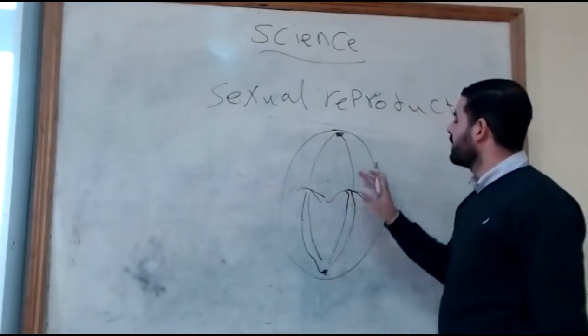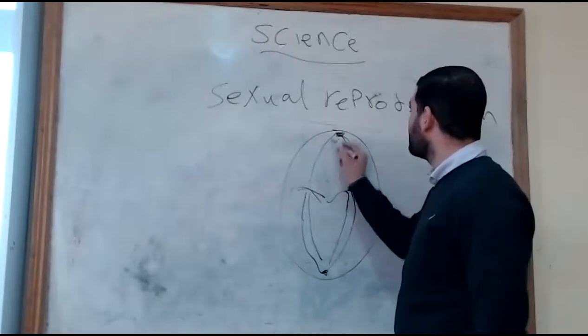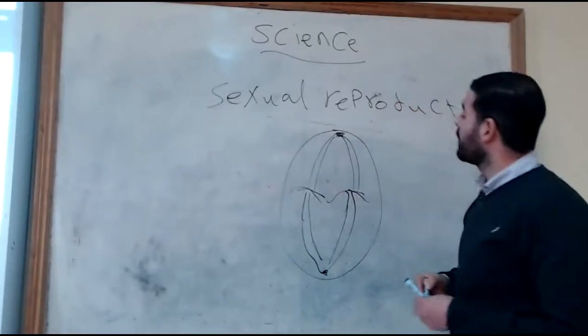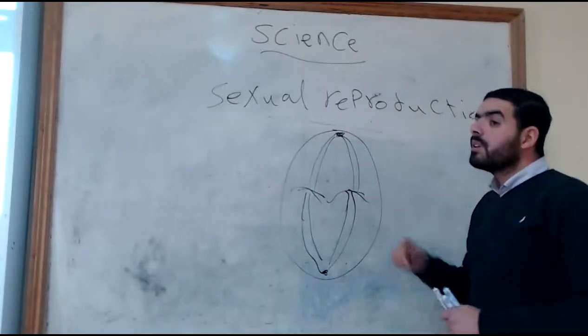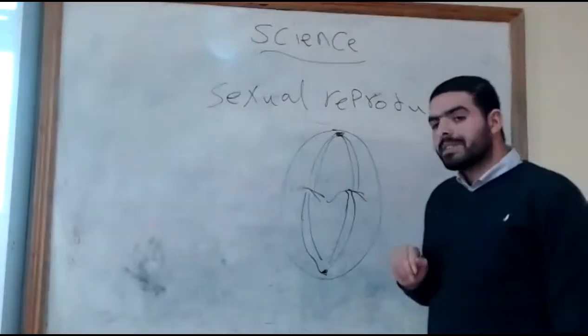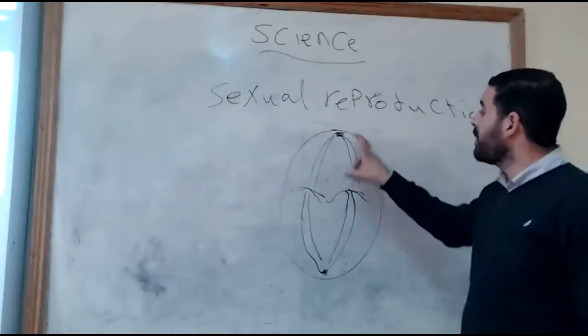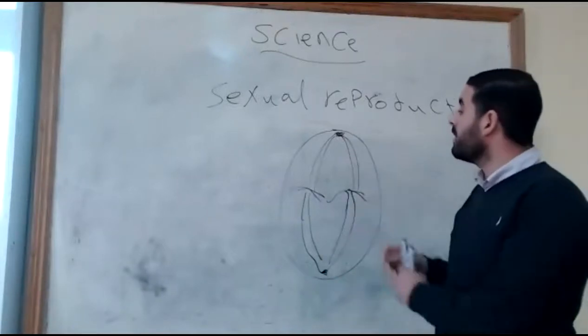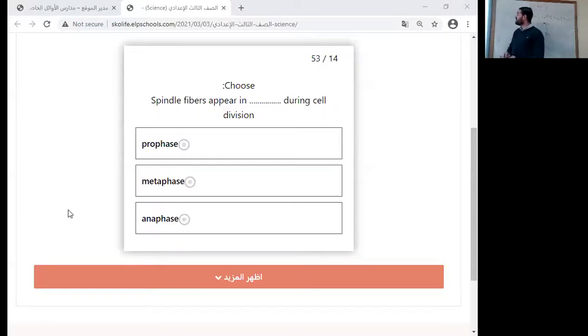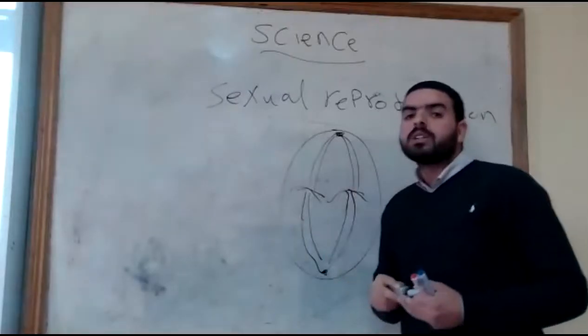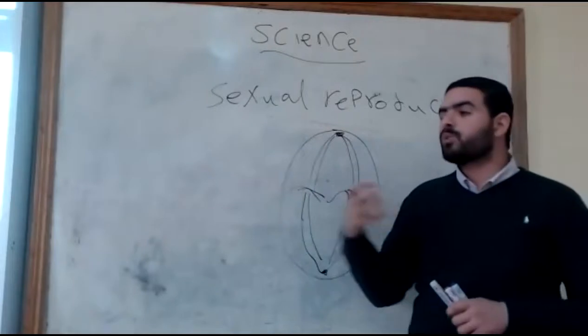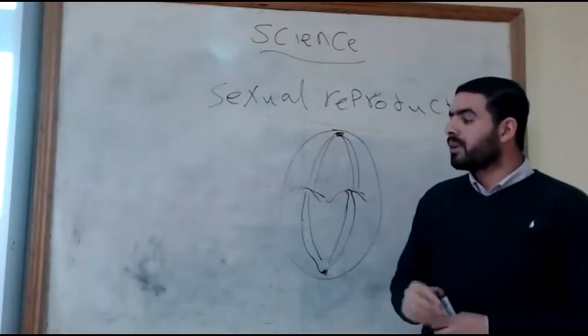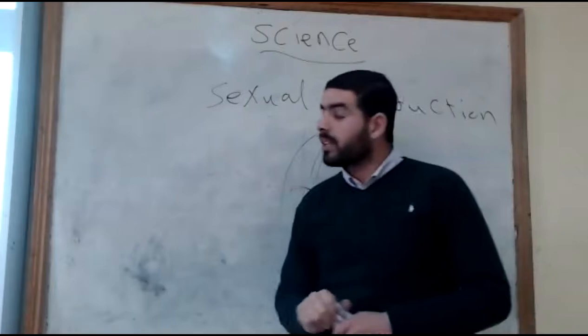This image or this graph represents metaphase in which spindle fibers withdraw the chromosomes towards each pole of the cell. Okay, so spindle fibers begin to appear in the prophase stage, but their importance appears in withdrawing the chromosomes towards each pole of the cell to produce two new cells, each one of them has a complete number of chromosomes in case of mitotic division.